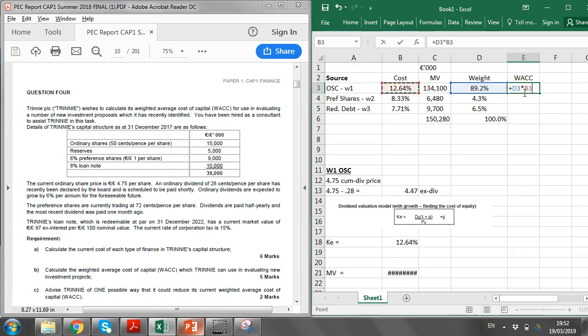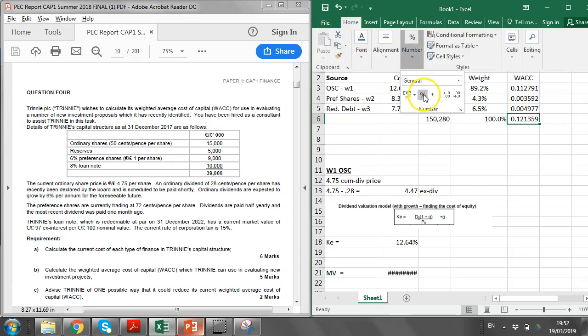So it's the weight times the cost, and the weight times the cost, and the weight times the cost. And by adding them up, you're saying the overall is going to be lower than 12.6 and higher than 7 and 8, because it's somewhere in the middle, and it's coming to 12.1. So your overall weighted average cost of capital there is about 12.14%, or thereabouts with rounding.